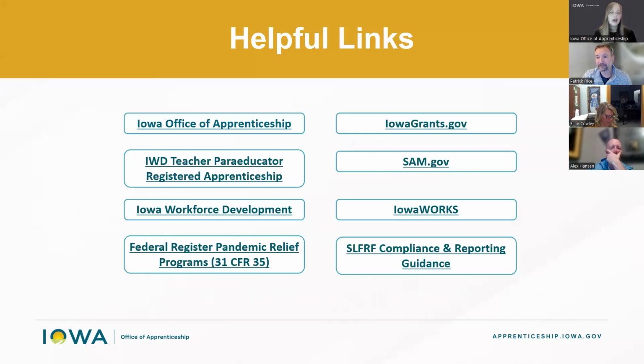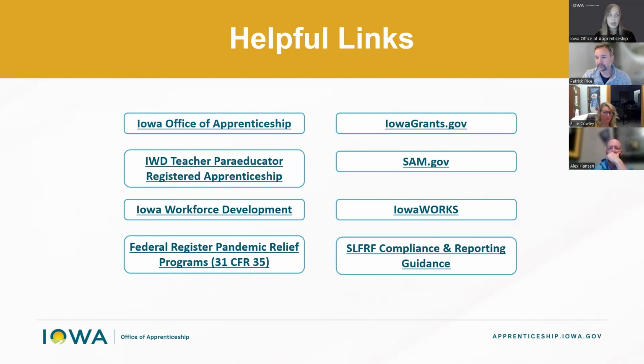Okay. As I mentioned at the beginning of the webinar, we're going to take this webinar recording. We're going to compile our question and answers, and then also post the slideshow to the TPRA webpage. In the slideshow here are some helpful links.